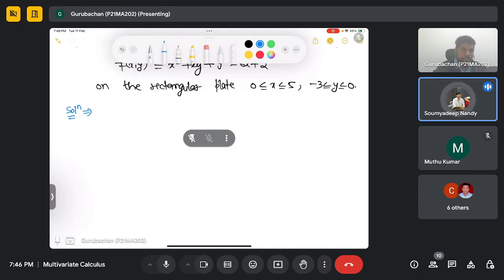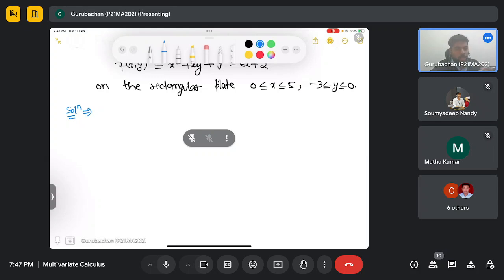Those which lie, we will take; if some of them don't lie, then we will reject them. And what about the boundary part? How will we deal with it? As sir told us, we will substitute or put some variable as constant. So can we say that we convert our two variable function into one variable by substituting?